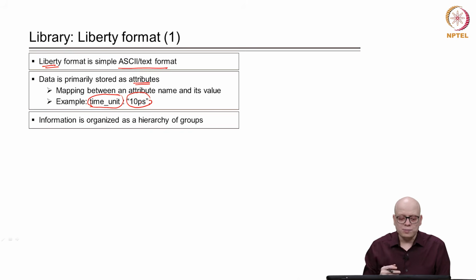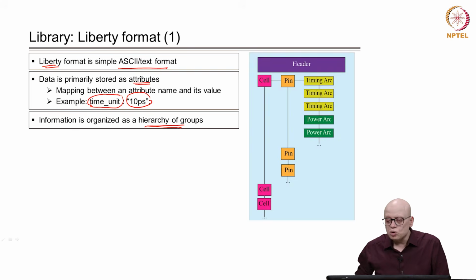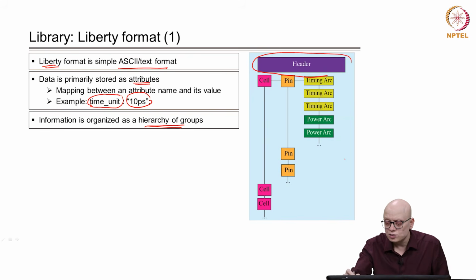Now, in the library the information is organized as a hierarchy of groups. So, let us see what this hierarchy of groups is. This is the structure of information in a Liberty format. At the top there is a header, and what does the header contain?